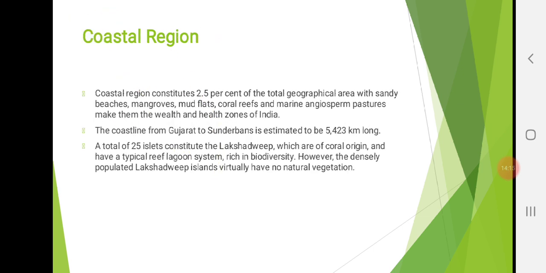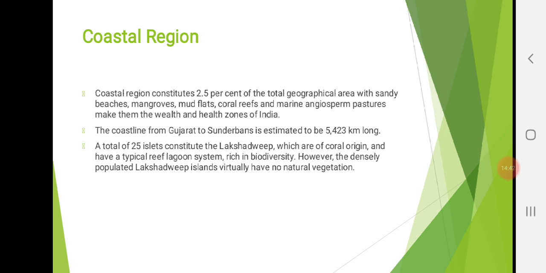Now the next region is Coastal region. Coastal region contributes 2.5% of the total geographical area, with sandy beaches, mangroves, mud flats, coral reefs and marine angiosperm pastures that make them the wealth and health zones of India.